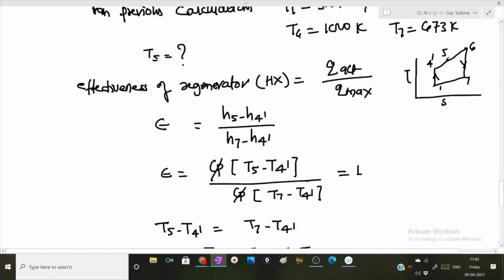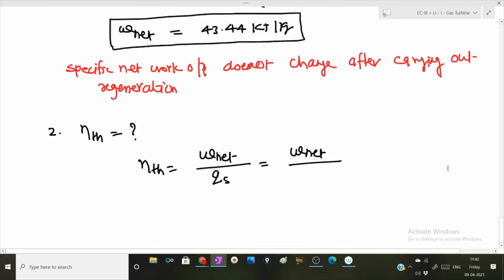This is the heat supplied in the combustion chamber, T6 minus T5. Because from T4 dash to T5 we have supplied the heat from the exhaust gases, and for that we need not burn any fuel. So how much heat we have to supply actually in the combustion chamber from T5 to T6 can be calculated as Cp into T6 minus T5.